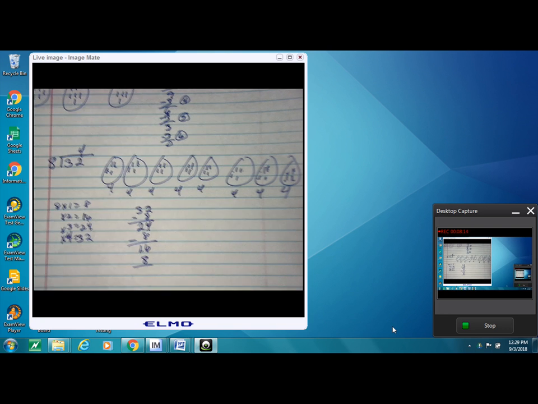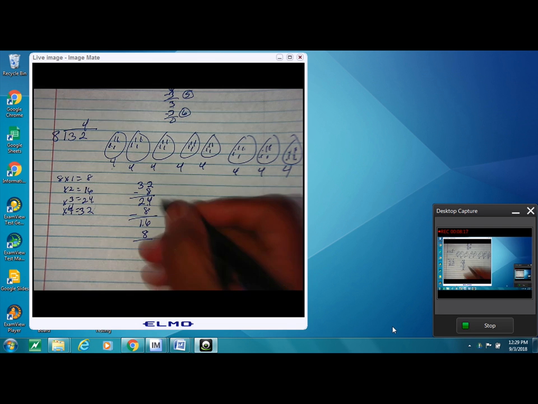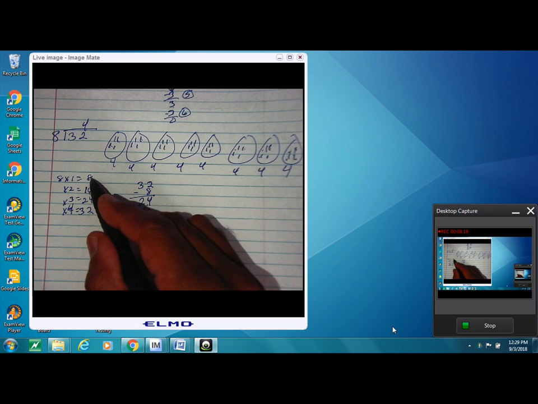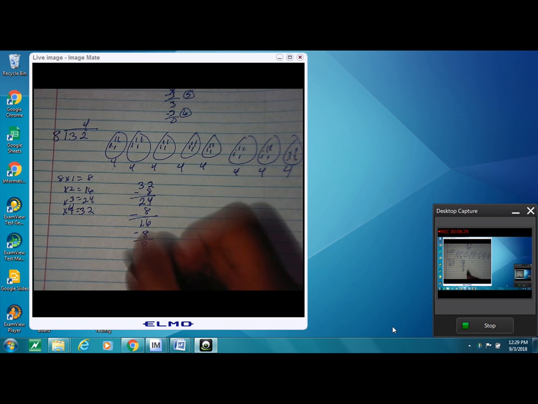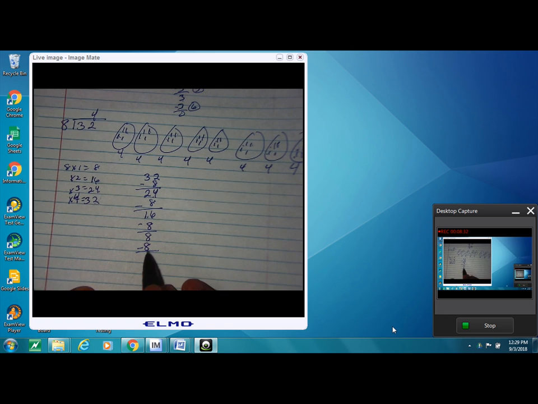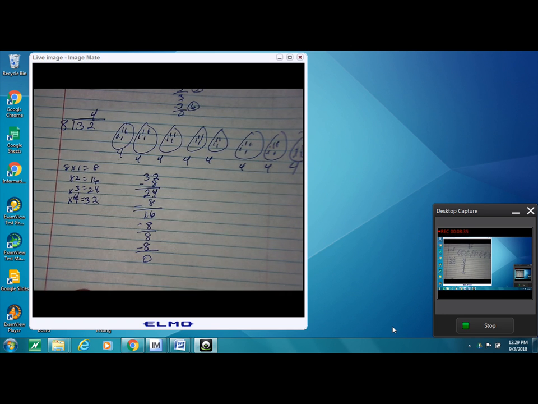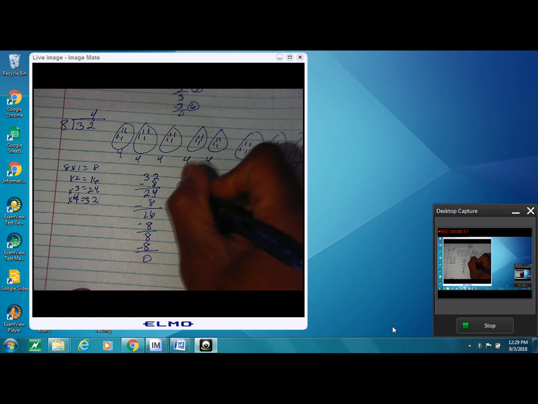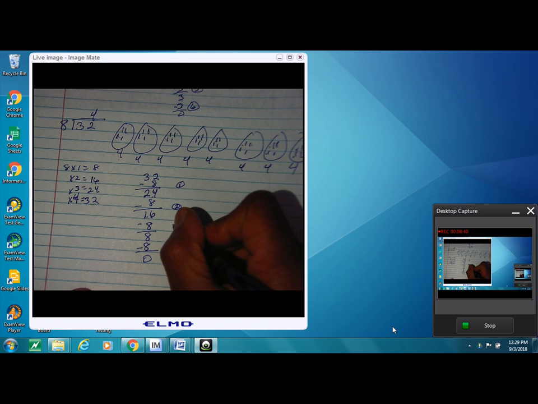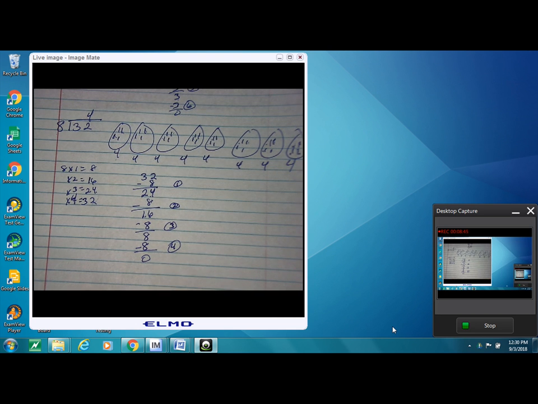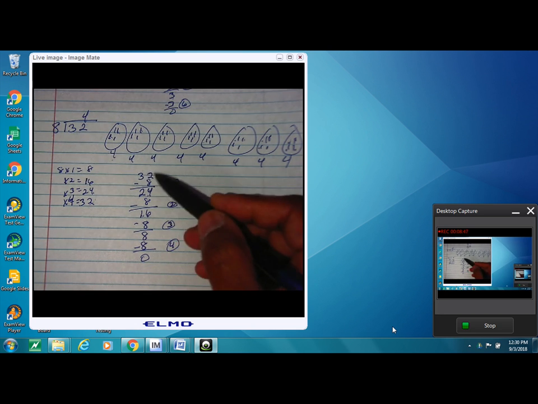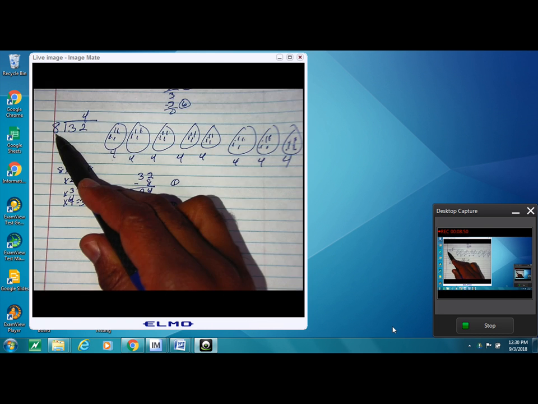So you do it. 16 minus 8 is 8. If you have 8, can you give 8 away again? Yes. So you do it. 8 minus 8 is 0. How many times did you take away 8? 1, 2, 3, 4. You subtracted 8 4 times, and so 32 divided by 8 is 4.